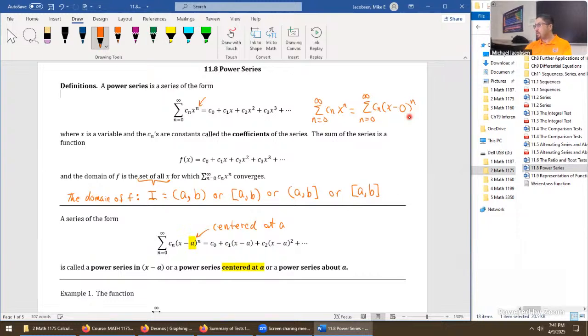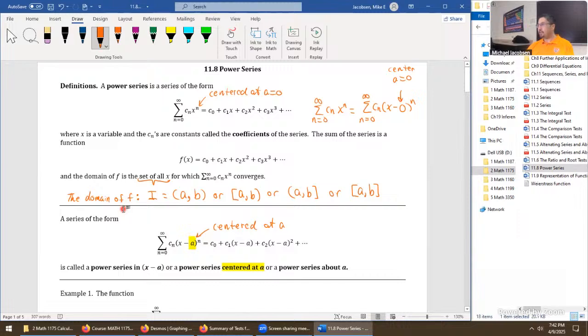This one is centered at A is 0. Just easier to see there. A is 0 is the center on that one. So that's the first concept of the power series. The center is a really important concept because that's the one point you're guaranteed to converge on for a value of X. You'll always converge at the center for sure.